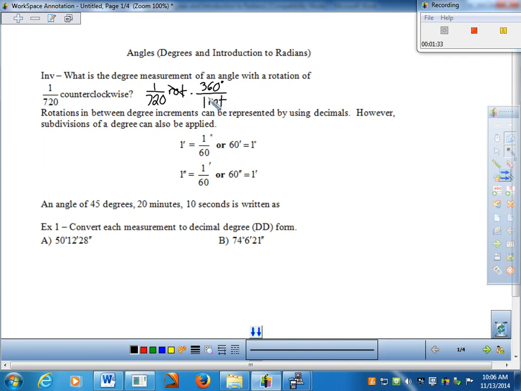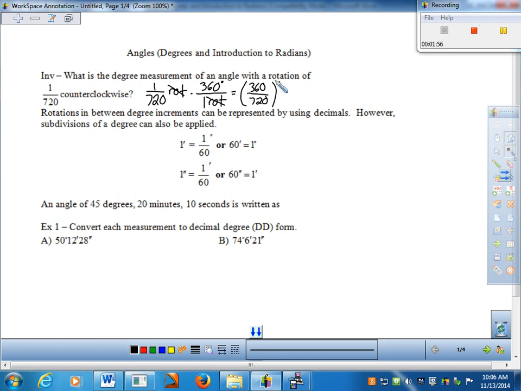As we saw, the rotations will cancel out, and my units will be the degrees that you see right here. So let's get this numerically. Just dealing with the fractions here, not too bad. 1 times 360 is 360. 720 times 1 is 720. And so that's the amount of a degree that I have.